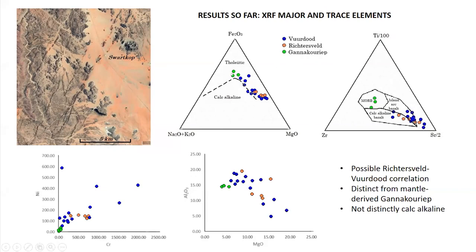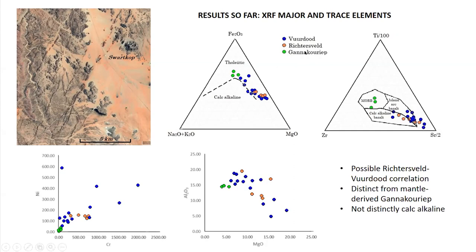The dikes plot typically as you would expect for mantle material, but the Fieldwood subsuite is very distinct from that on all the diagrams, and on more diagrams too. These were selected: nickel, chromium, and magnesium. They are very compatible in the mantle, so they will concentrate in the mantle and not in the melts extracted from the mantle.